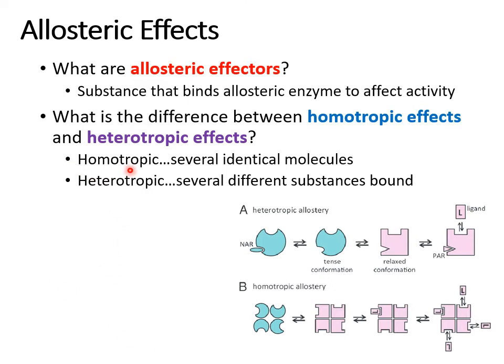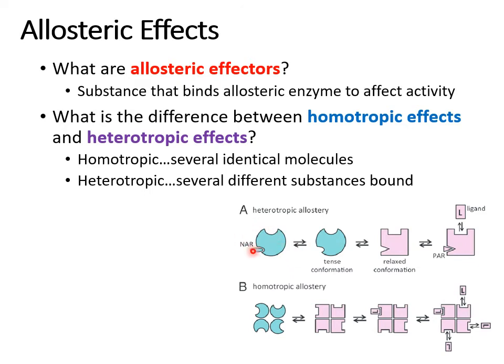So in homotropic allosteric effects, what you'll see is, down here in the rightmost picture, all of the binding effectors are identical molecules. They're all the same molecule binding to that enzyme, usually at the same time, at different sites, to produce an effect.